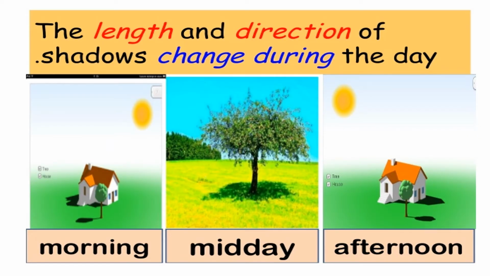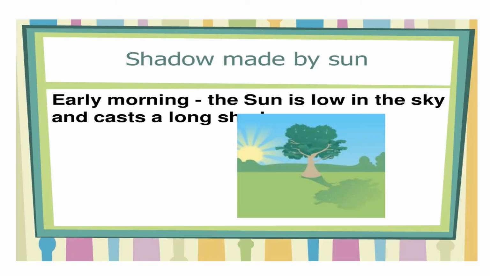This is a picture that shows us the different shadows formed in the morning, in the afternoon, and in the evening. Shadows have different shapes in the mornings, afternoons, and evenings. Early in the morning the sun is low in the sky and casts a long shadow. Can you see the reason why we have long shadows in the morning?